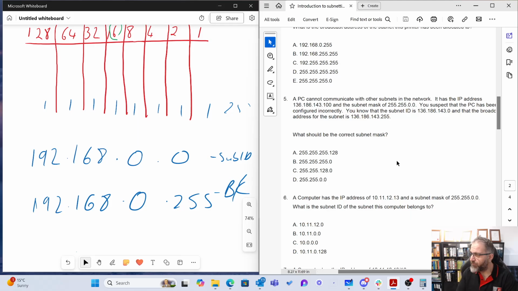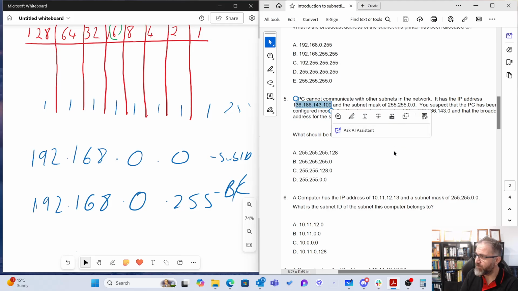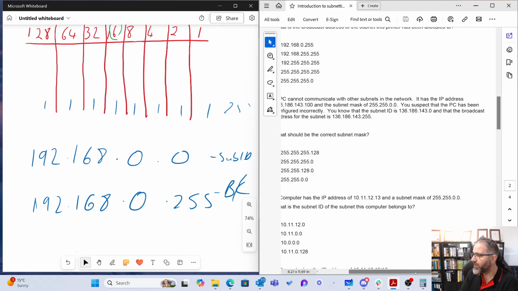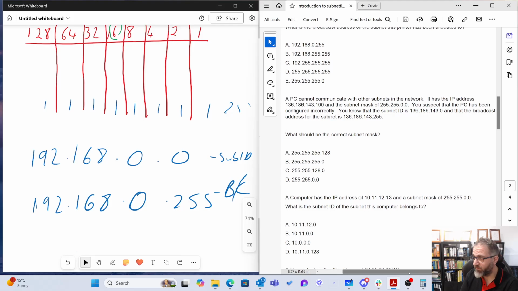All right, so 5, a PC cannot communicate with other subnets in a network. Fair enough. It has an IP address of 136.186.143.100 and the subnet mask of 255.255.0.0, and it's trying to communicate with something else. You suspect that the PC has been configured incorrectly.